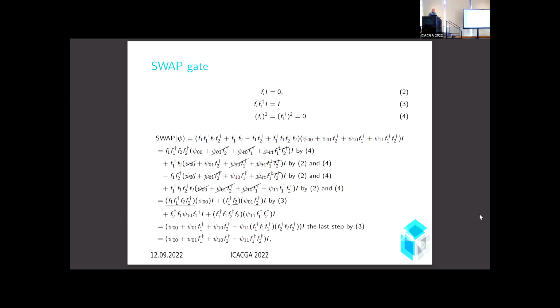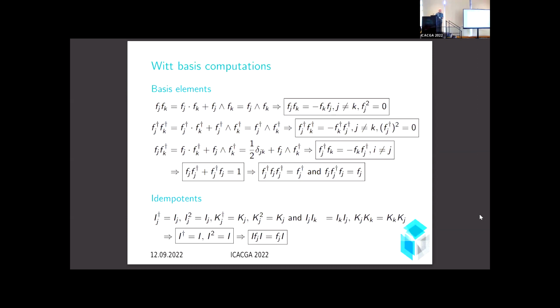Okay. This computation seems a bit complicated because we have to use these identities, and we have to use them because our elements are written in the bit basis.